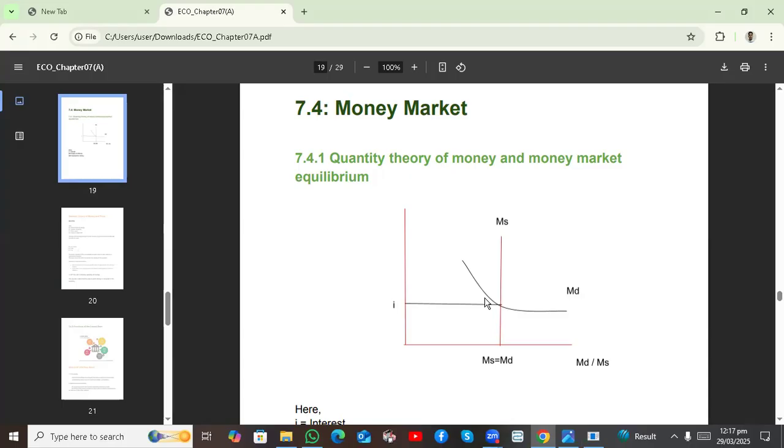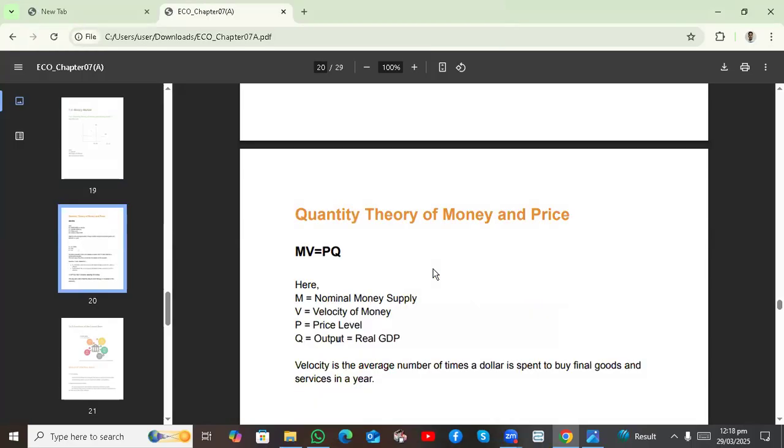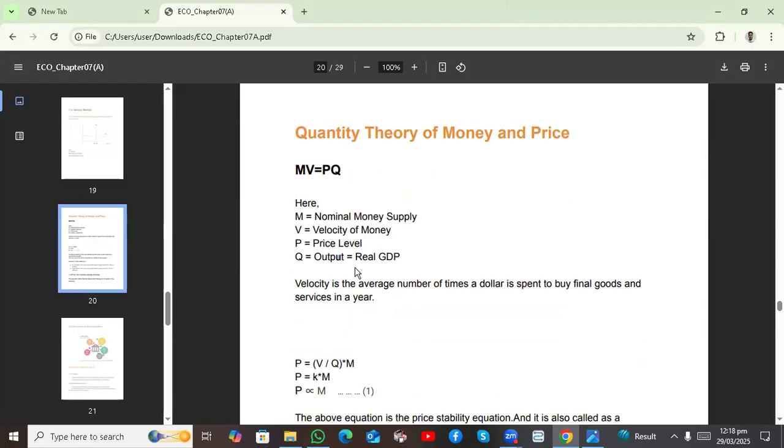And now we're going to discuss the quantity theory of money and price. Here we can see the equation MV equals PQ. Here M is nominal money supply, V is velocity of money, P is price level, Q is output or real GDP.